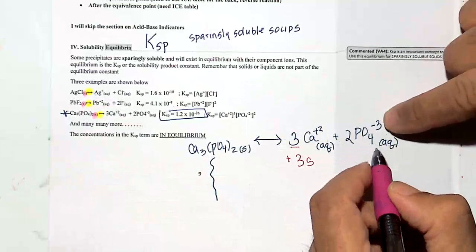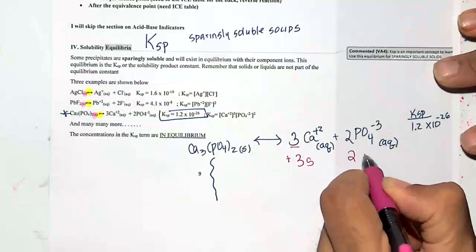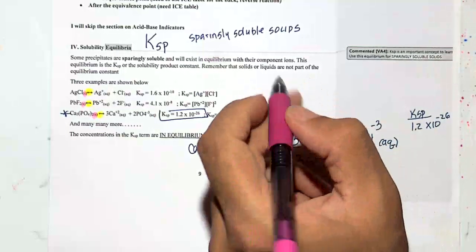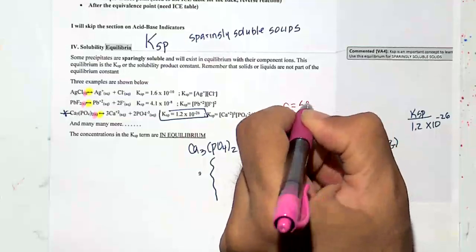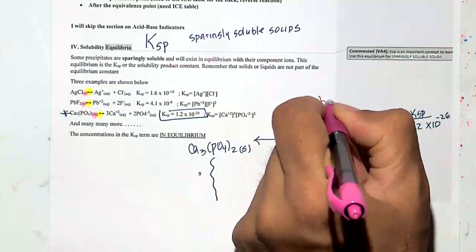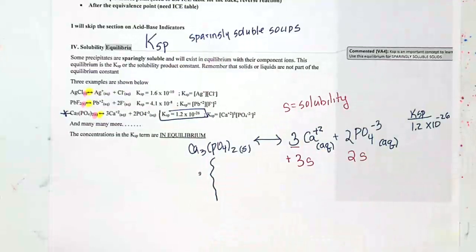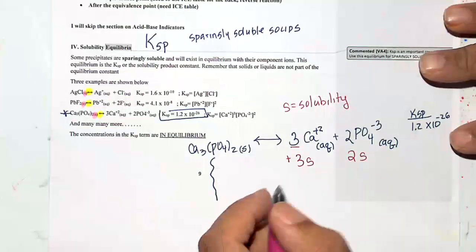Some of it will go back here, and this will not be S, but how much S? The S stands for solubility. How much of it goes back in water? So we don't use X like you did in all these other ice table problems, but you use S. Here the S stands for solubility.